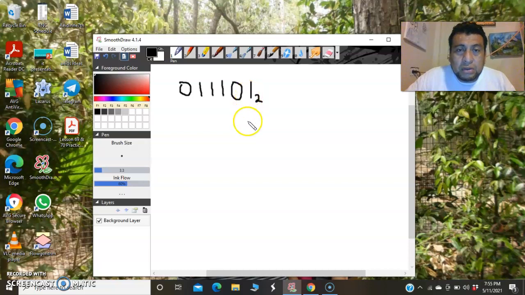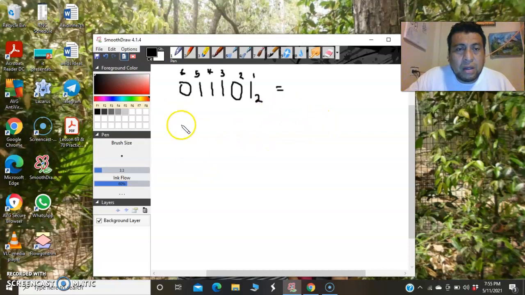Okay, it goes to the power 0, 1, 2, 3, and so on. Whatever the bit is there, it will be multiplied by the power. For example, here is 2 to the 1, 2 to the 2, 3, 4, 5, and 6, right?